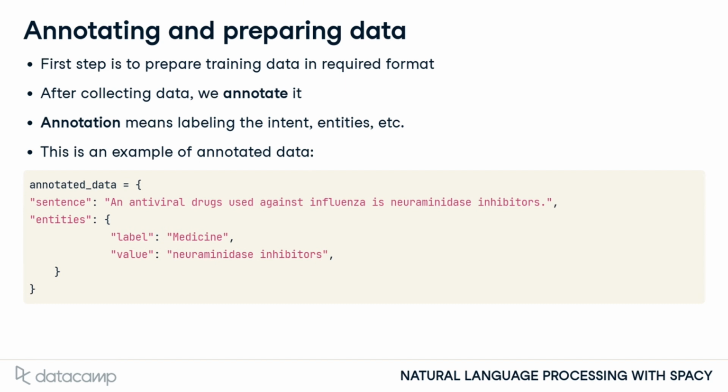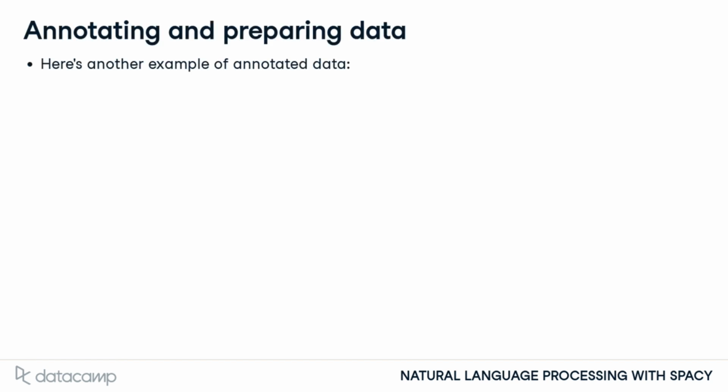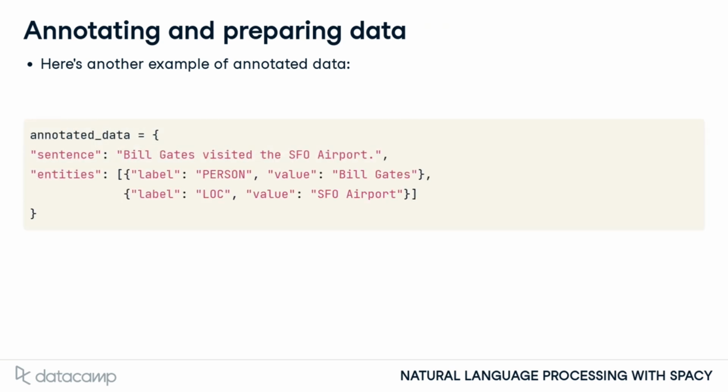In this instance, there is only one labeled entity with the entity type of medicine. Let's check another example of an annotated data record for an NER task of the common English language. In this instance, the annotated data has two entities for the given text. In such scenarios, a list of dictionaries will be stored for the entity's attribute.